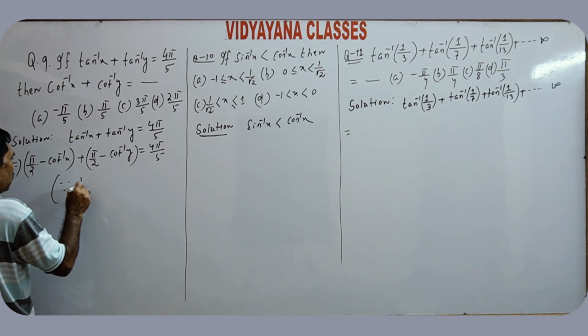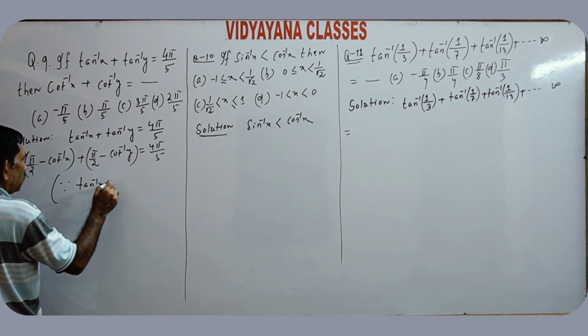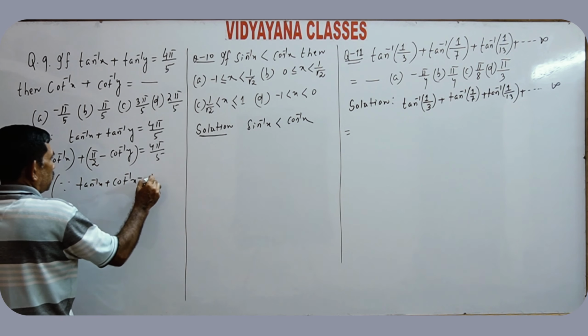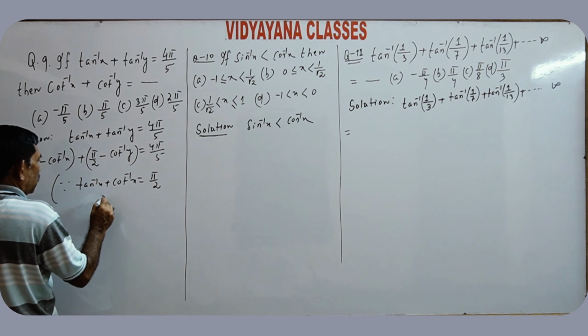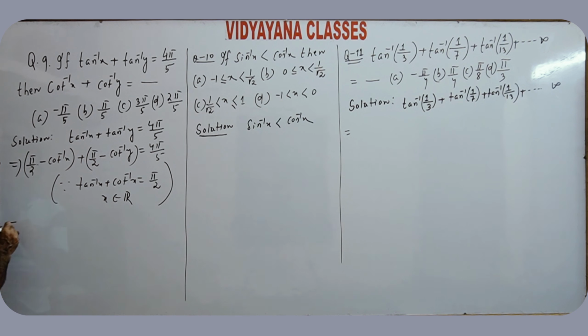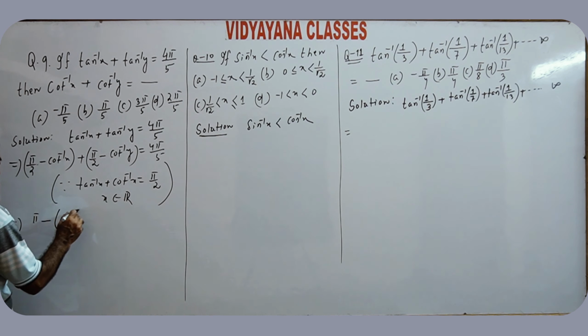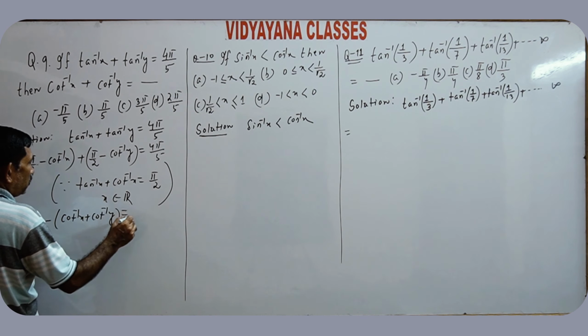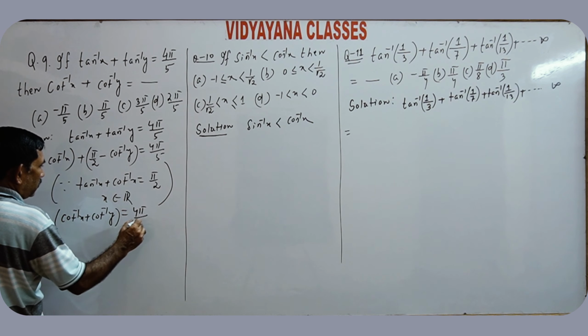Since tan inverse x plus cot inverse x is equal to pi by 2, x belongs to the set of real numbers, pi by 2 plus pi by 2, that is pi, minus cot inverse x minus cot inverse y is equal to 4 pi by 5.